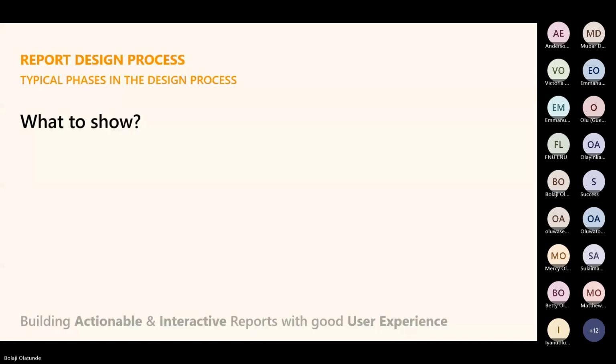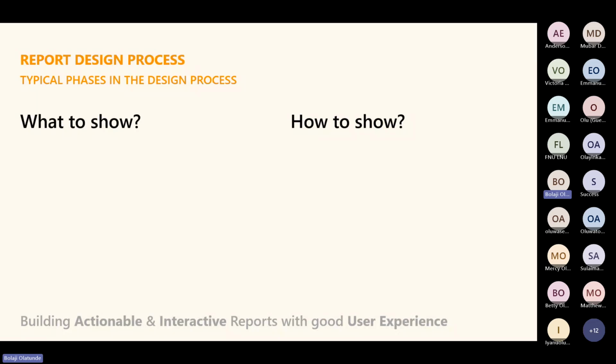So the first phase in the design process is what I like to call the what to show. So this is one phase, and then the second phase is the how to show, right? So what should I show on this dashboard, and two, how should I show it?